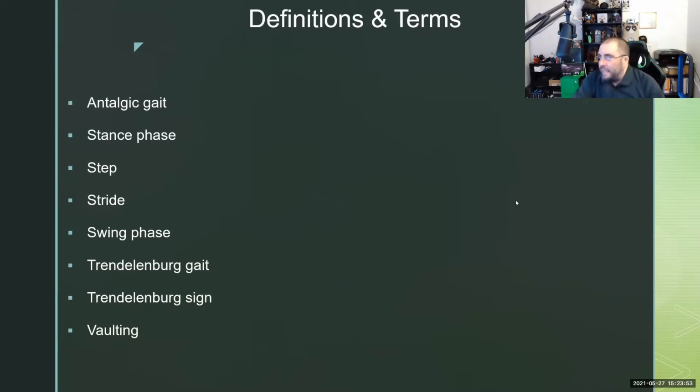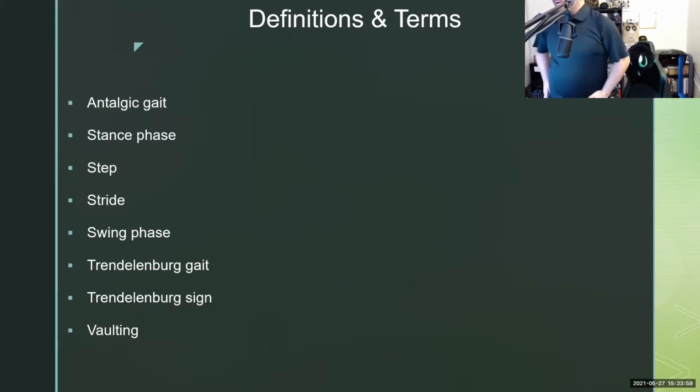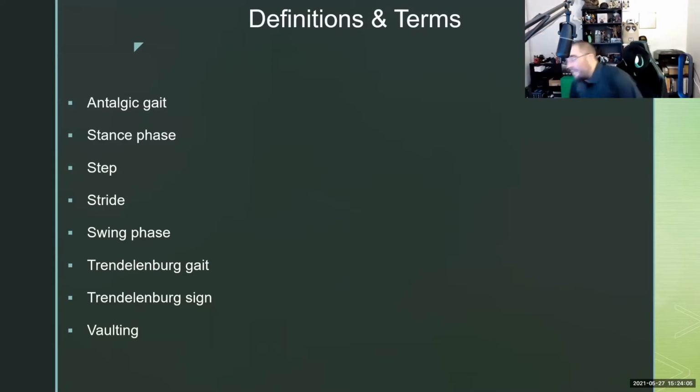Then there's vaulting. We're going to show a vaulting gait, but a vaulting gait is exactly like it sounds. The patient's going to bring their hips really high in order to clear things. And Trendelenburg. We're going to talk about that too. But what is Trendelenburg? You guys remember that from last semester with Dr. Johnson?